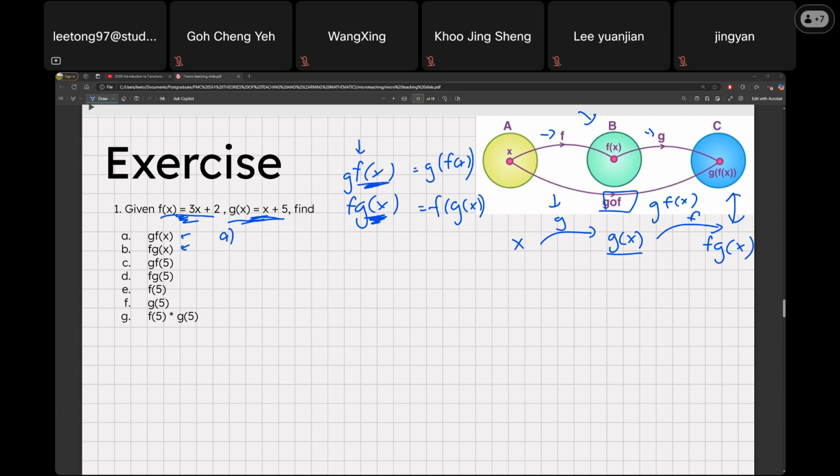Okay, I get an answer. A is 3x plus 7. How about B?